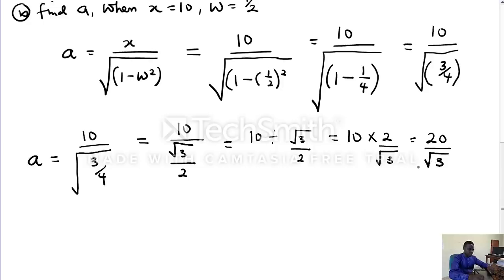But you cannot leave an expression where the denominator is an irrational number, so you have to rationalize the denominator. In doing that, you are going to have A equal to 20 divided by root 3 times root 3 divided by root 3, which is what we call rationalizing the denominator.